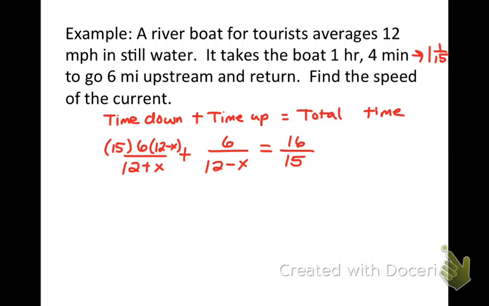Second equation, what do I need that's not there? 15 and a 12 plus x. Last one I need what? Yep, 12 plus x, 12 minus x. All right, so let's go ahead and solve that. 15 times 6, 30?